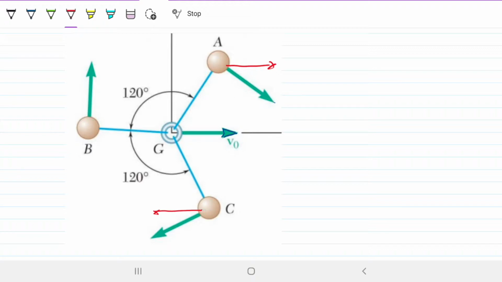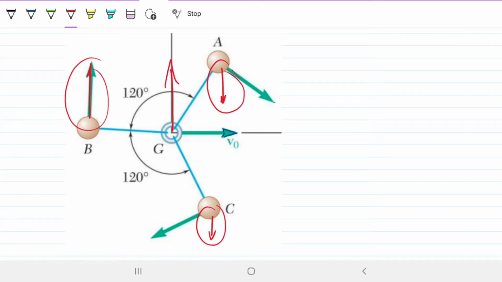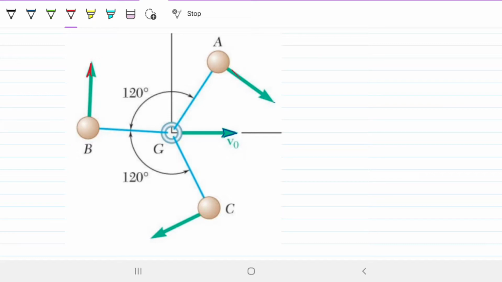And afterwards, we can take this top component with the bottom component of A and also the bottom component of C. So this one plus this one equals this one, and this is what stops the whole system about G from moving up or down, right? So this is why it's important to think about relative velocity.